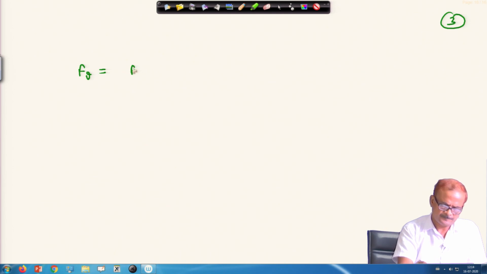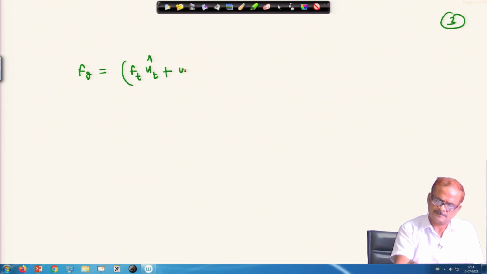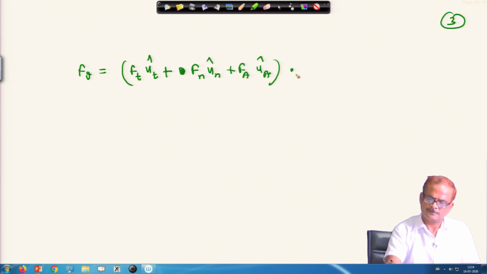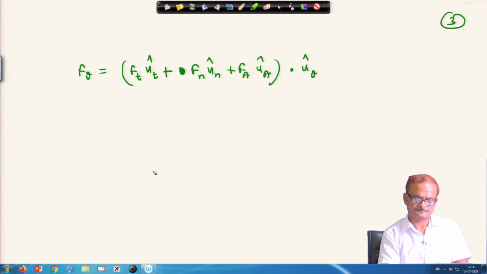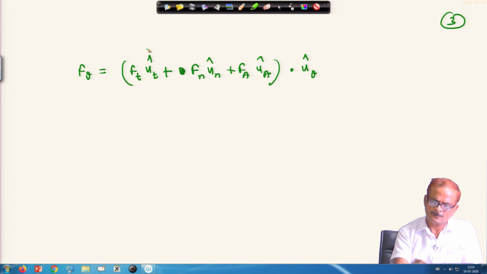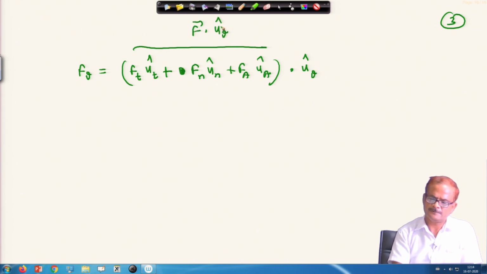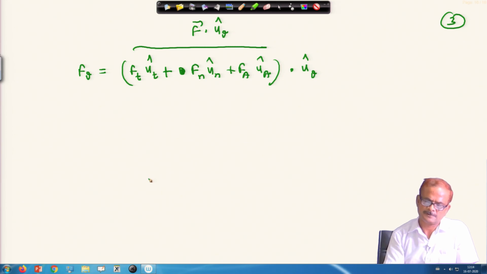f theta is f t times u t cap plus f n times u n cap, then f a times u a cap dot u theta cap. This is a vector, so it is a component along the u theta direction.